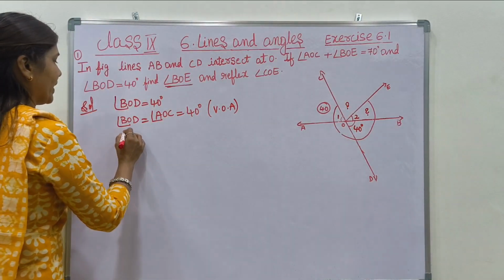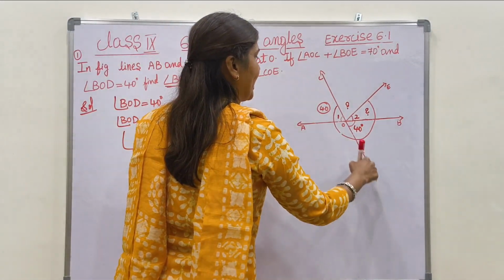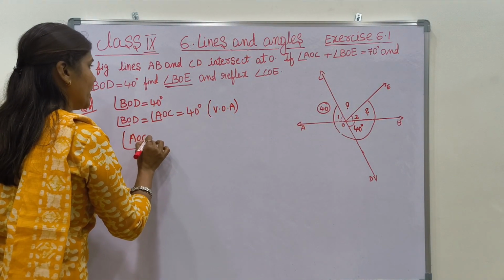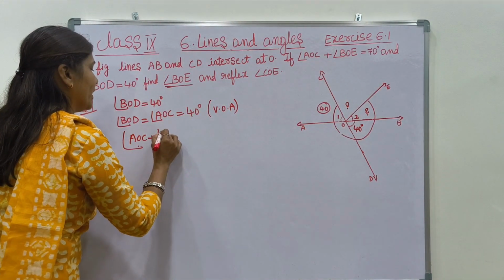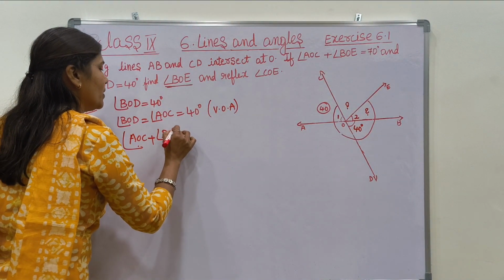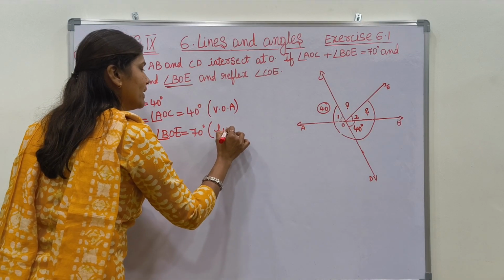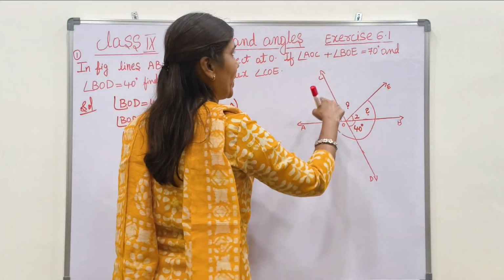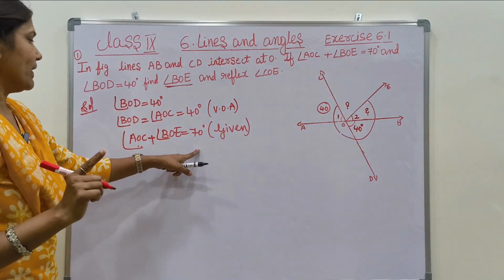So now you can write angle AOC plus angle BOE. Both are how much degree? 70 degrees. You write it. It is given in the question only. So AOC plus BOE, how much degree is given? 70 degrees is given in the question.